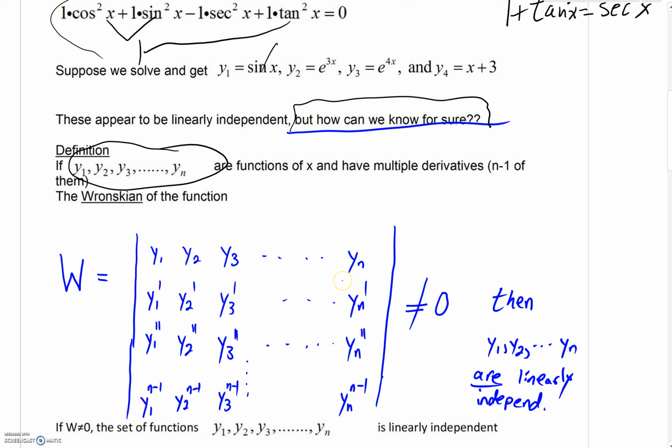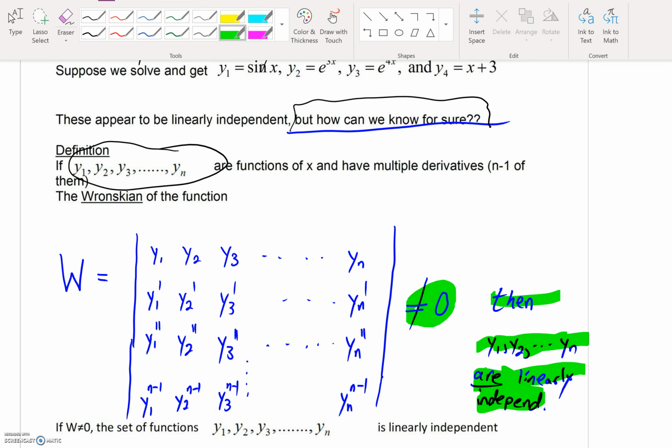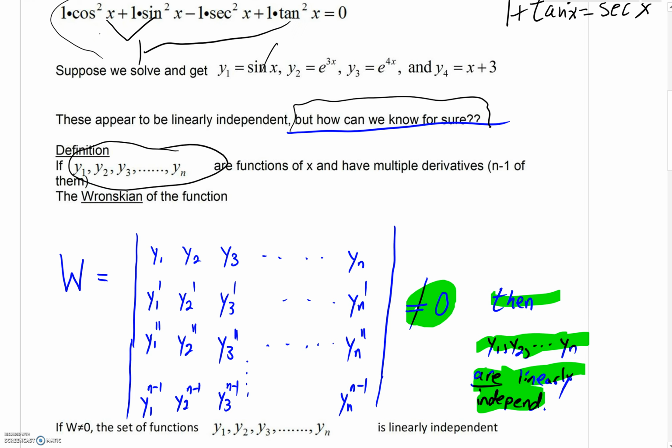Guys, if you work this determinant out by hand or on the calculator, as long as that Wronskian determinant is not equal to 0, then those solutions are linearly independent. It's a wonderful quick check for us to say, you know what, we do have linearly independent solutions.